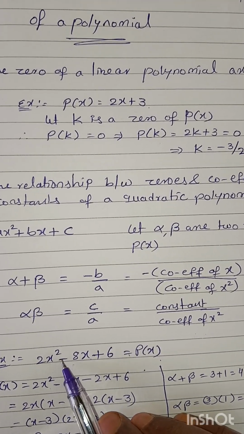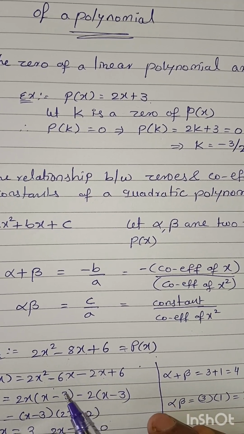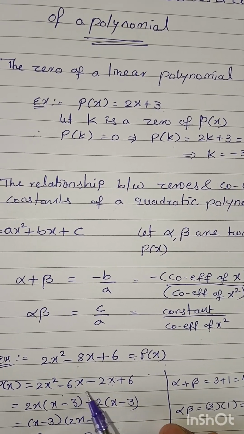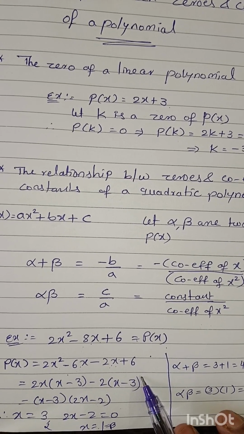So that's why we can write 2x square minus 6x minus 2x. Here 6 times 2 is 12, and again minus 6 minus 2 is minus 8, plus 6.